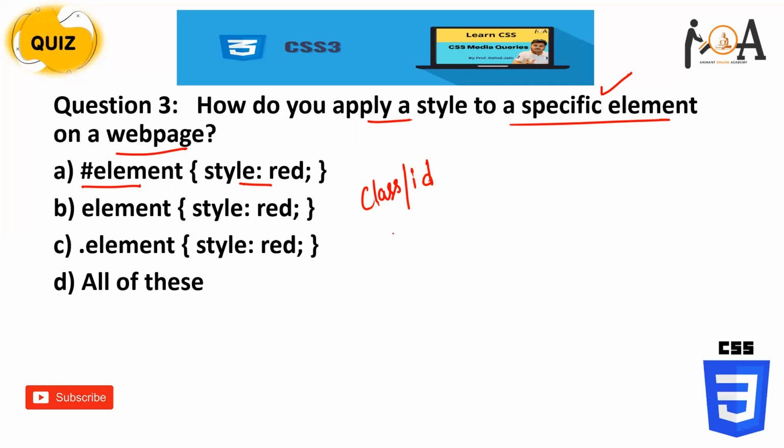So we are using here class hash element, and you can only use this style red on a particular element when you implement that particular class in that HTML. It may be a paragraph, it may be your body, it may be a heading. So option A is the correct answer.